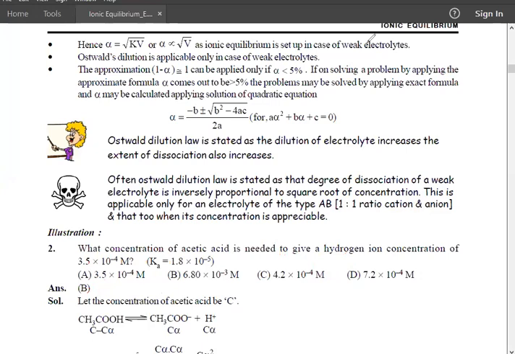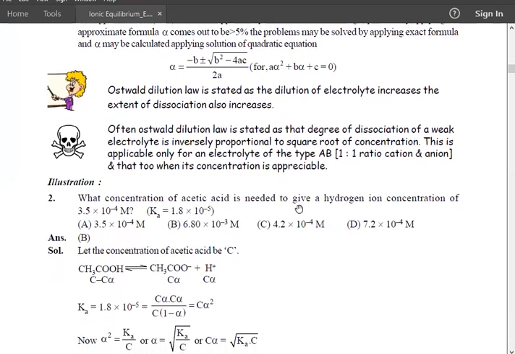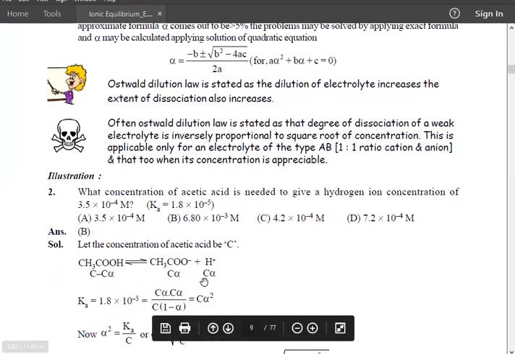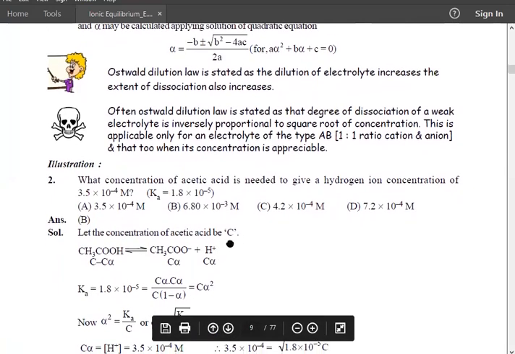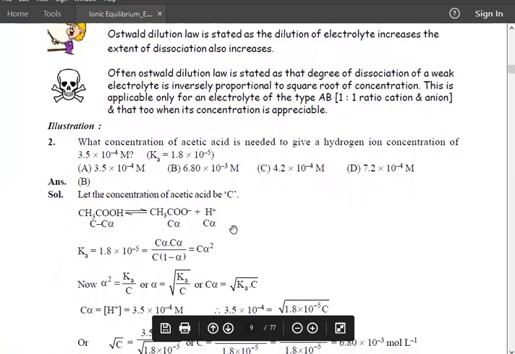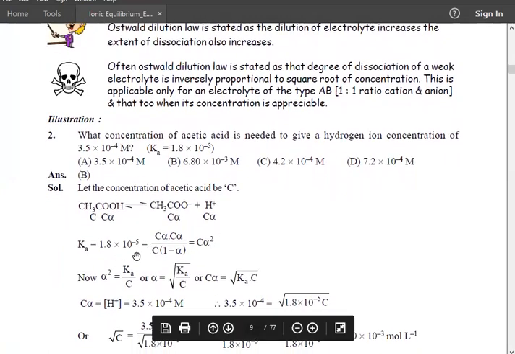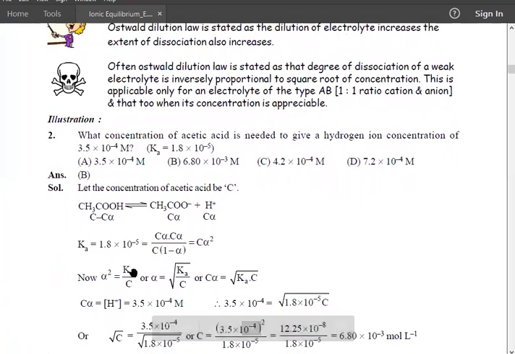So using this, we have K is equal to what? K is equal to 1.8 into 10 to the power minus 5, which is given. This is equal to C alpha square, which is equal to C alpha into alpha.